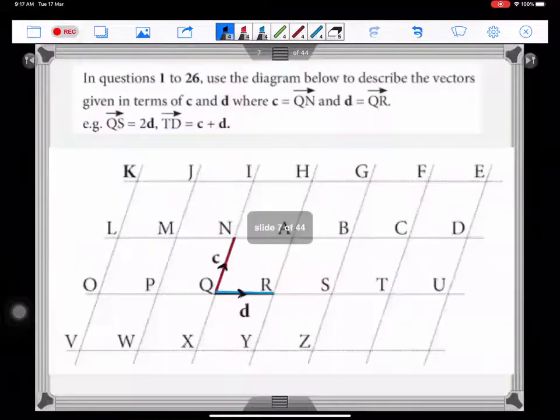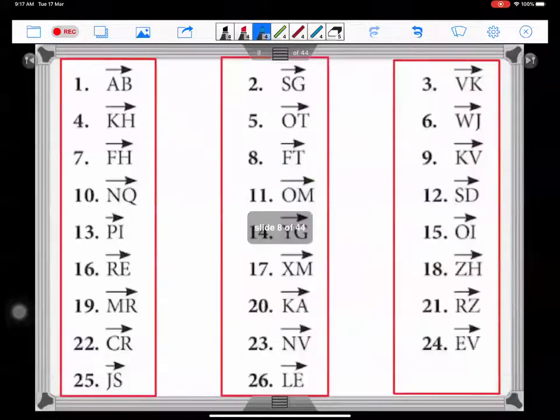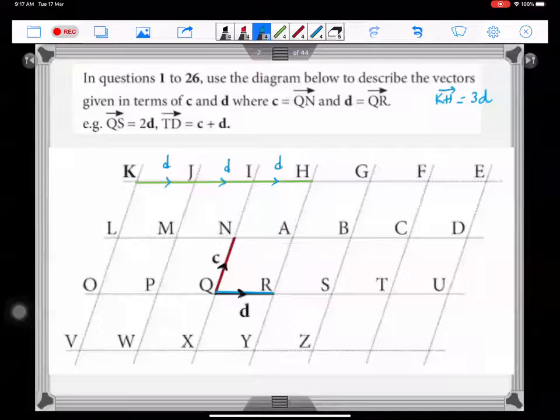Let's pick KH. If I want to go from K till H, that is only in the direction of D. So that's a D, another D, another D. So I can write KH is 3D. Done?